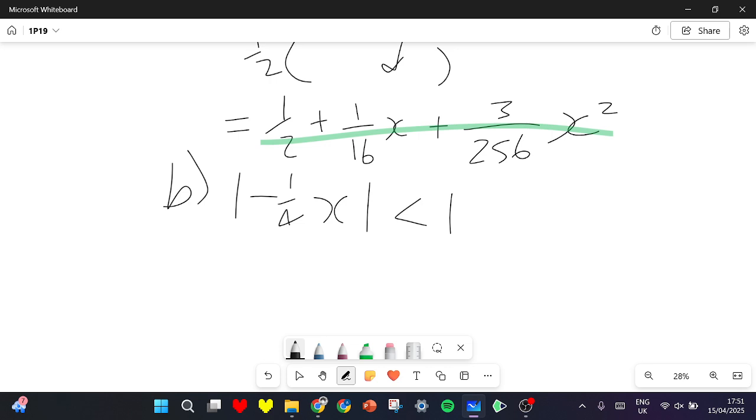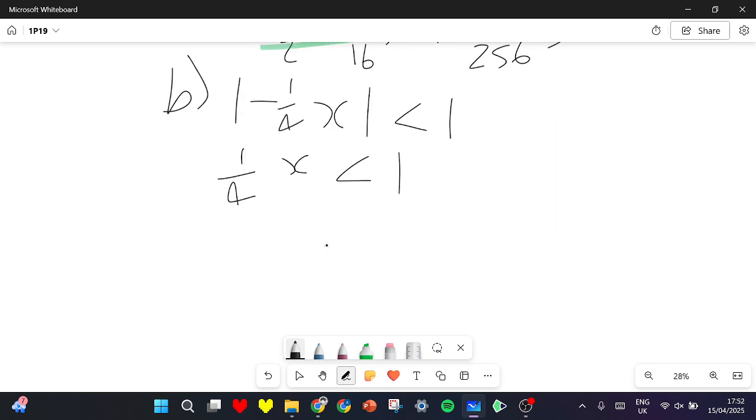If you apply the modulus, making this positive, you get that 1 over 4x has to be less than 1. And then move the 4 over, so times it by 4.